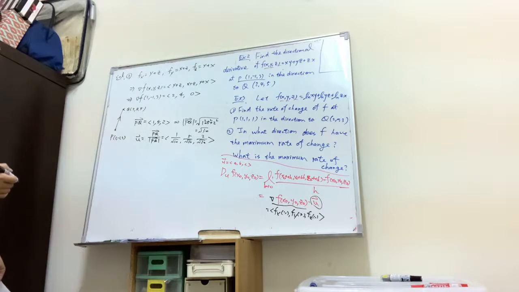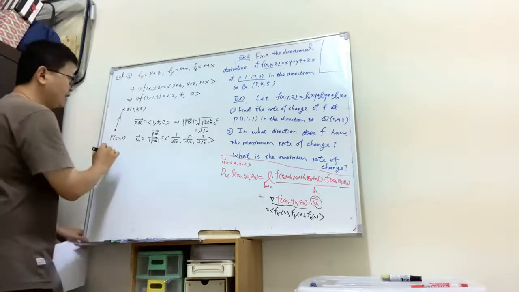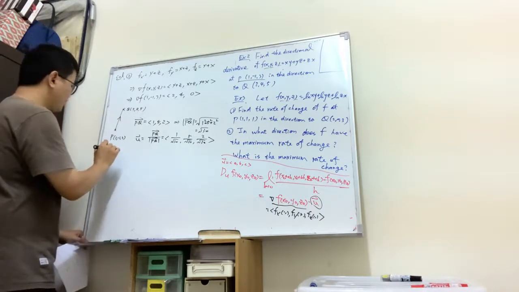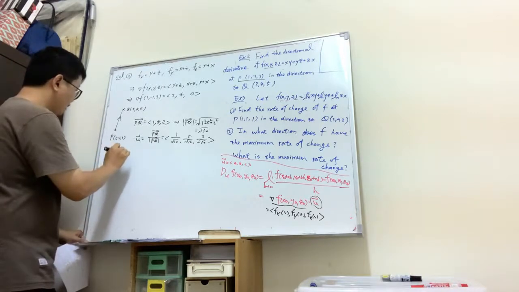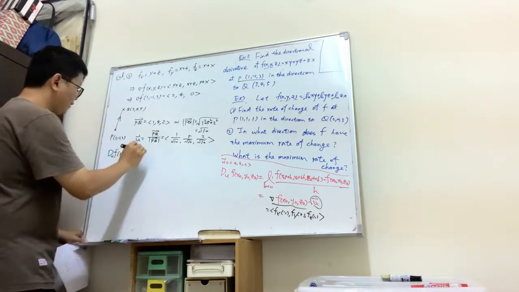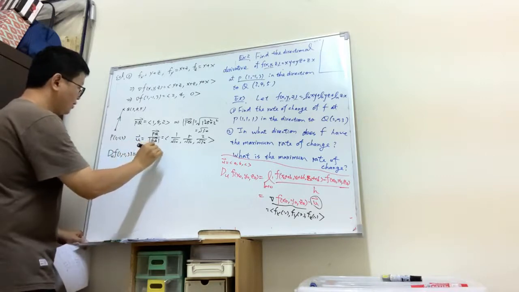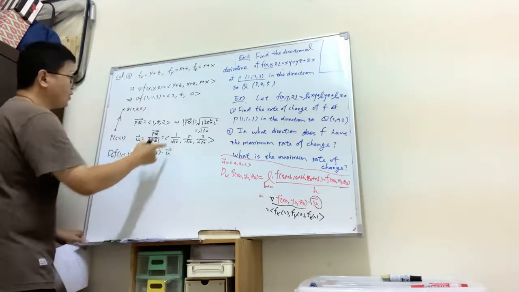Okay, so finally, the final step: the directional derivative is the gradient of f at (1, -1, 3) and u, their inner product.